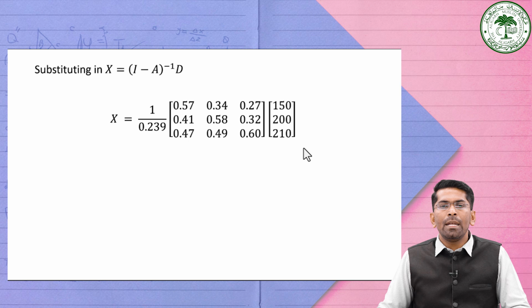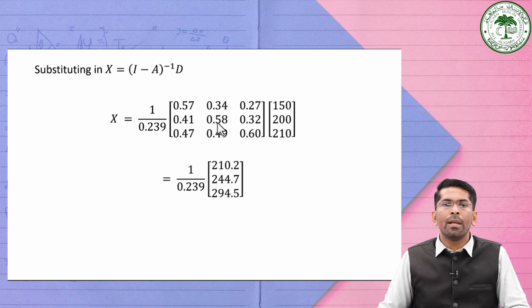So we multiply these two matrices: 0.57 into 150 plus 0.34 into 200 plus 0.27 into 210, which becomes 210.2. Similarly, the second row multiplied with the final demand vector: 0.41 into 150 plus 0.58 into 200 plus 0.32 into 210.